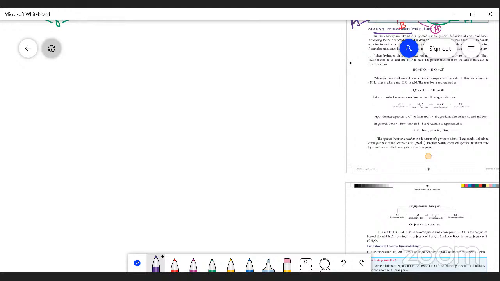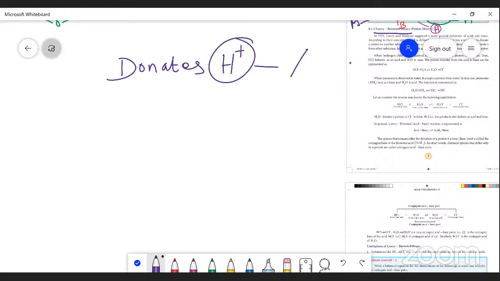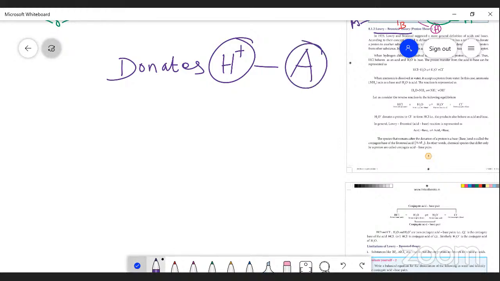and the substance which accepts that proton is called a base. Okay, according to the Lowry-Bronsted theory, the substance which donates a proton, that is, donates the H+ ion, is called an acid.